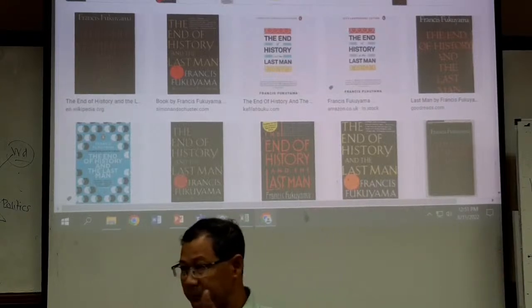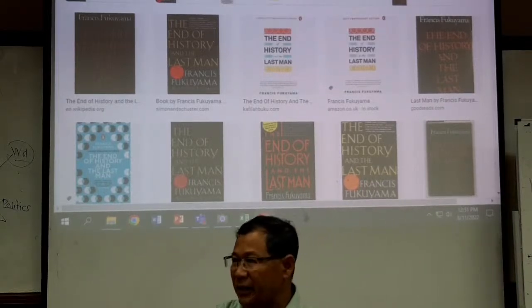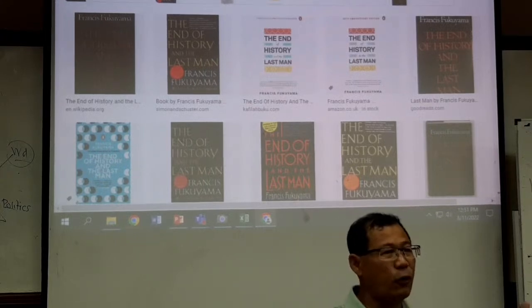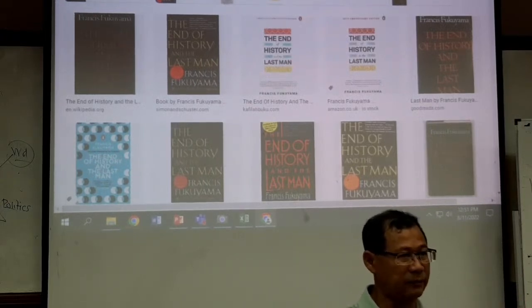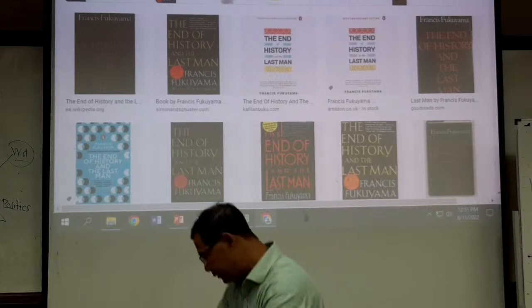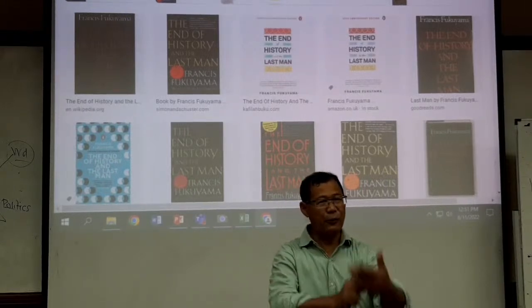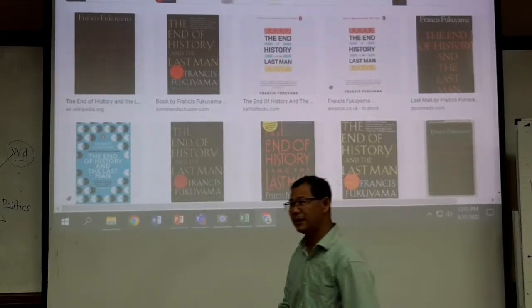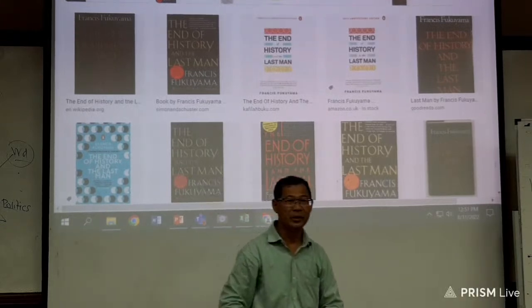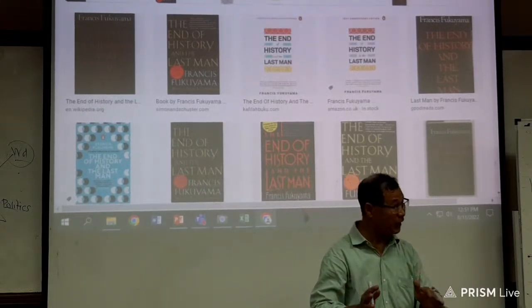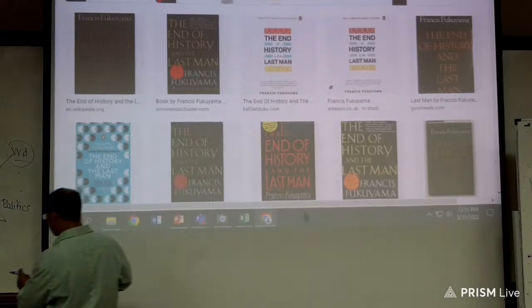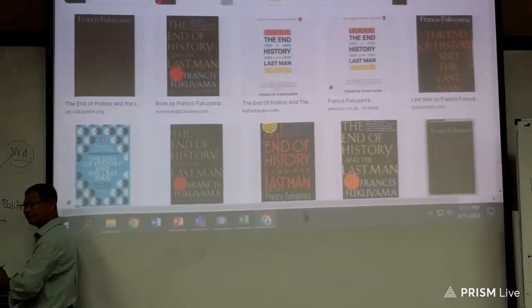In Singapore, 85% of Chinese said, I wish I was born as a white American. Malay, 75% said, I wish I was born a white American. Indian, about the same. So that's globalization, which is the dominant culture from outside.